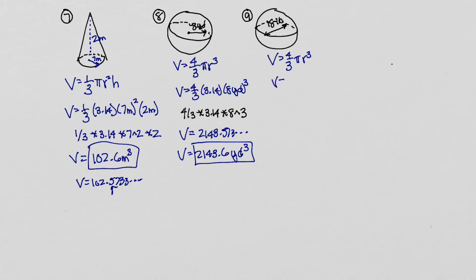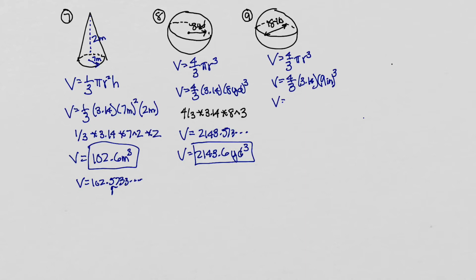So V equals 4/3 times 3.14 times, now, this is the radius. We're given the diameter. The diameter is 18. The radius is half of that, so this is going to be 9 inches. So we're going to have 9 inches cubed.